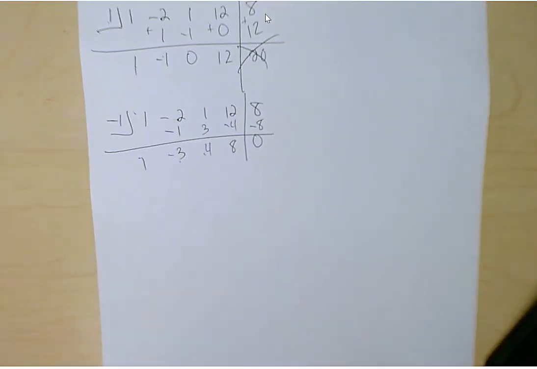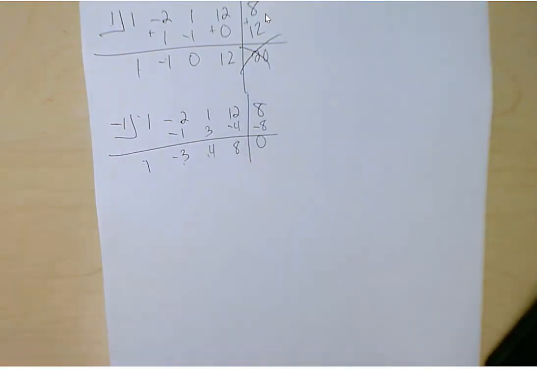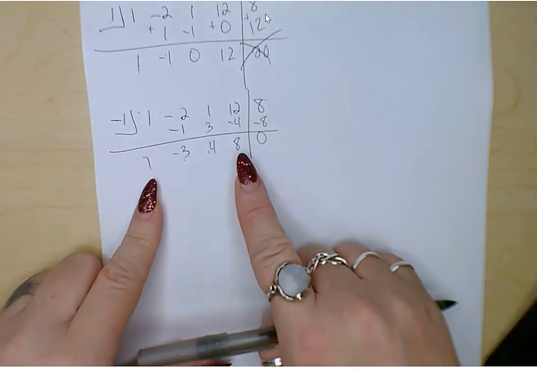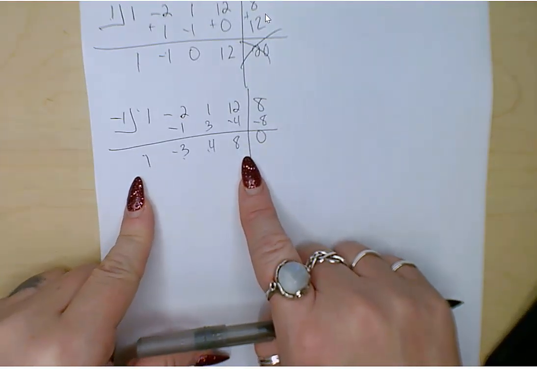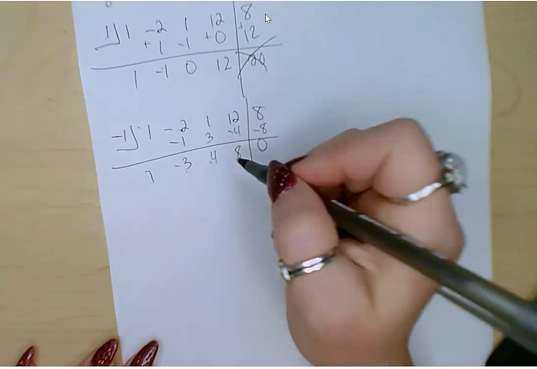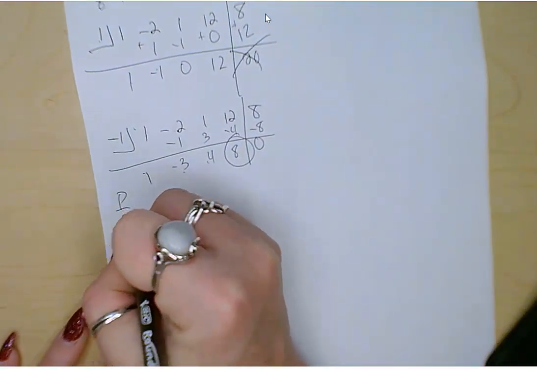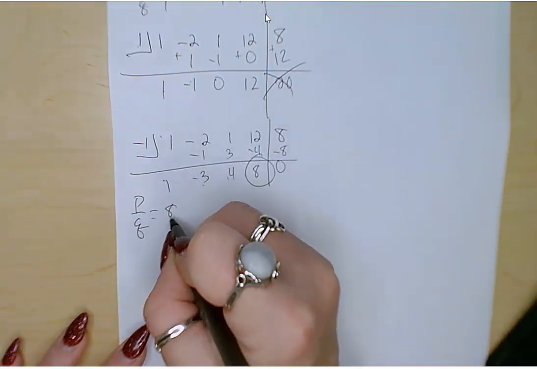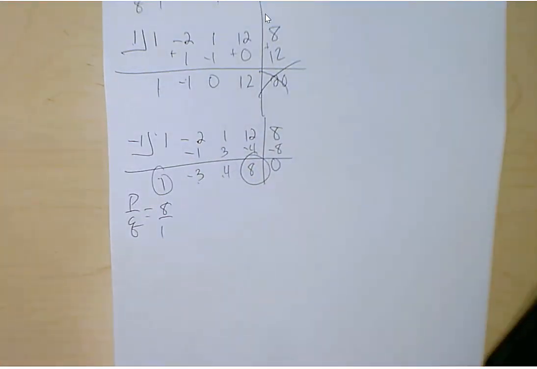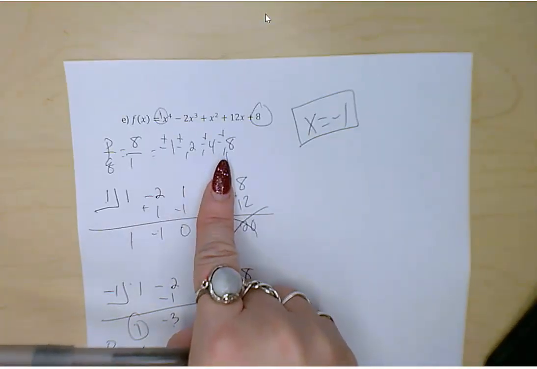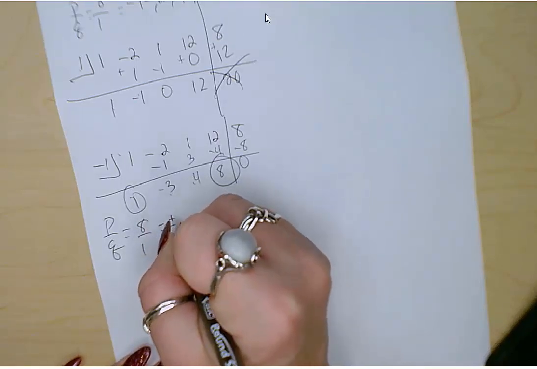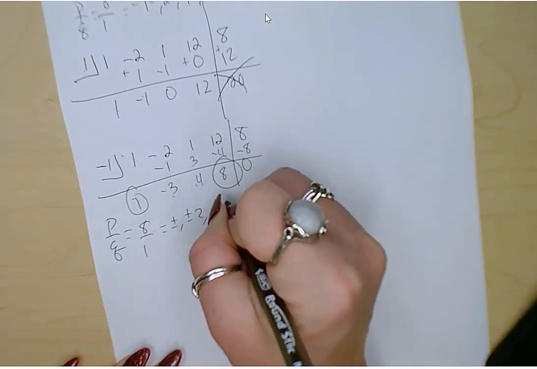Now, rules of this here. Once you find a solution using synthetic division, you take your remaining equation here, and you need to do the P over Q process all over again. Last number, we would have to do P over Q is equal to the last number, 8, over the first number, 1, which just happens to be the same list that we had at the beginning. That is not always going to happen.